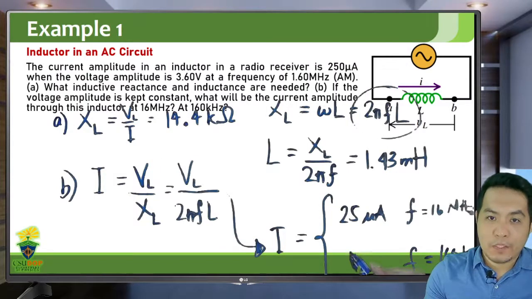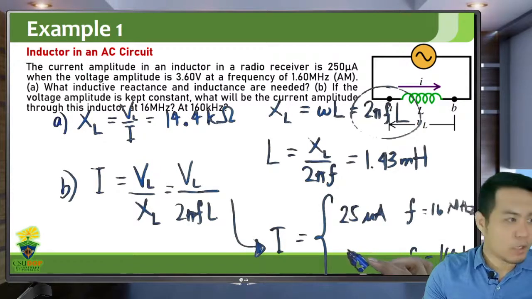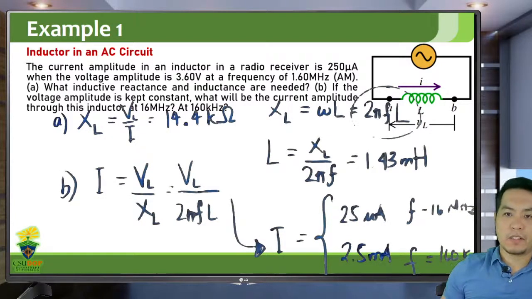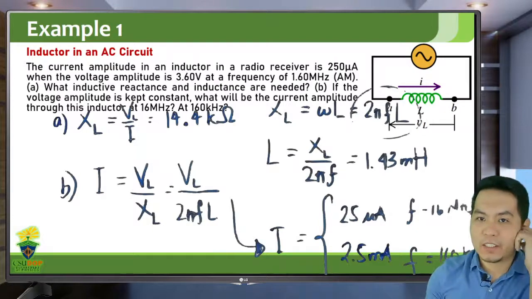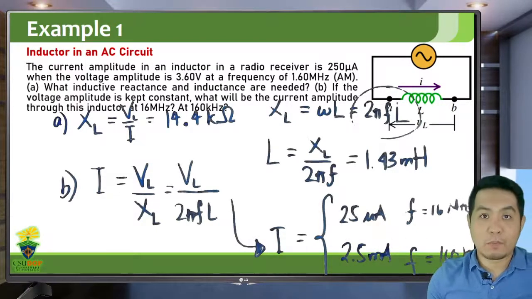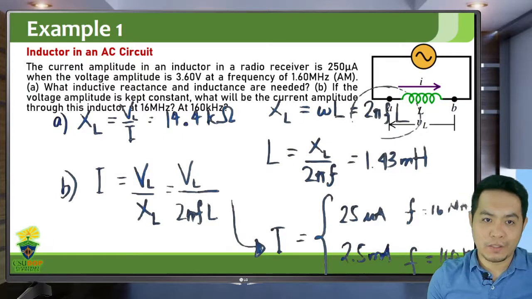The current amplitude is 2.5 times 10 to the negative 3, or 2.5 milliamperes. So the frequency and the current amplitude are inversely proportional to each other.